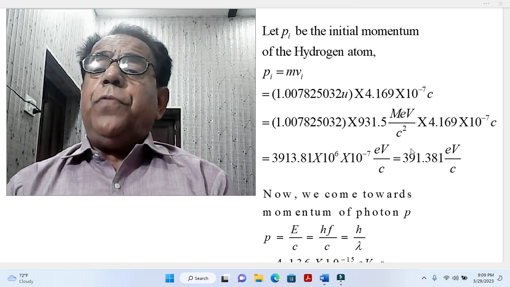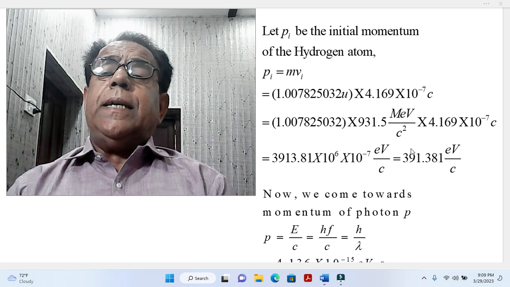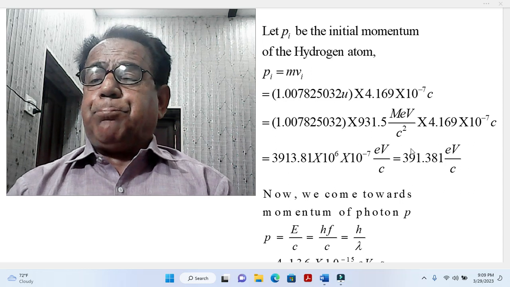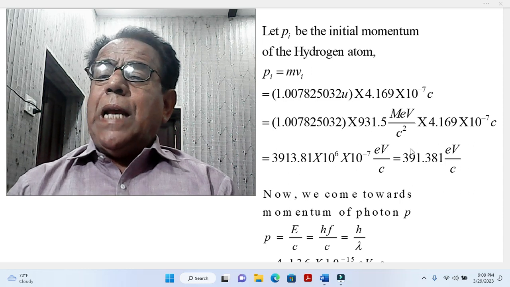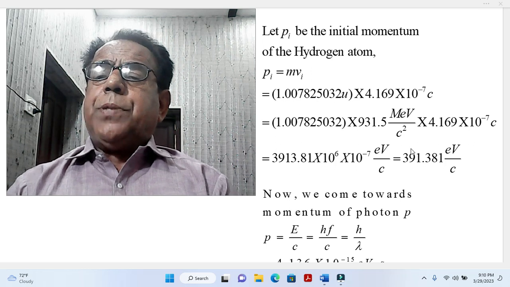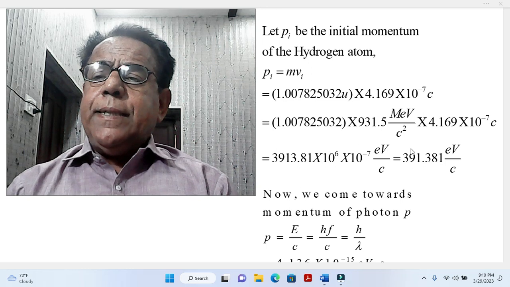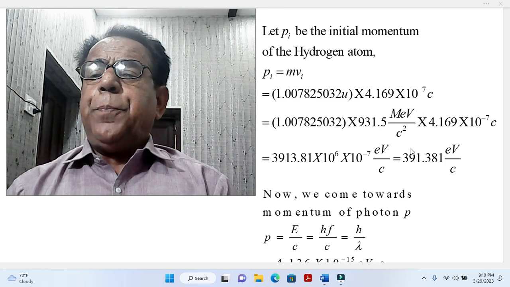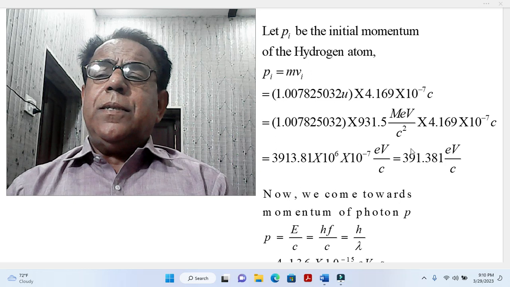In place of M we have used 10 raised to the power 6, and then we have simplified. Actually about two steps have been merged in a single step. So it is not unusual.